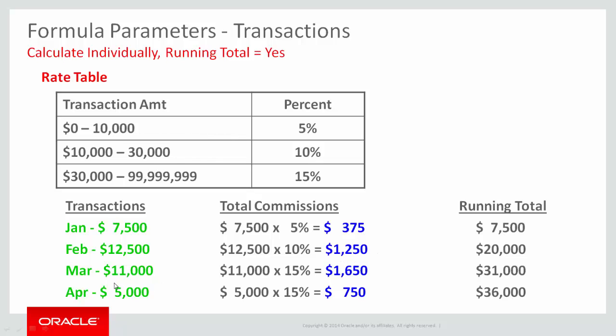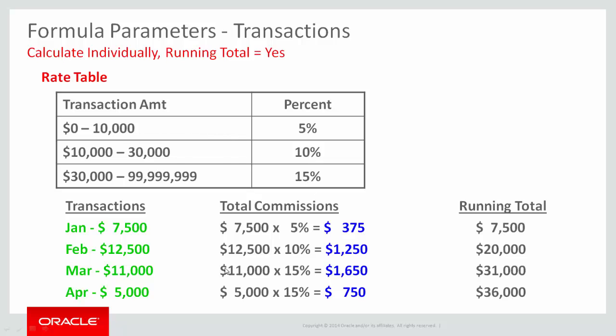We have a third transaction that comes in that's $11,000. But as part of the running total, the $11,000 is added to the $7,500 and the $12,500. So now the system knows there's a running total of $31,000. The $31,000 is fed to the rate table. It says, oh, you know what? Your attainment level brings you to the third tier. That's 15%.